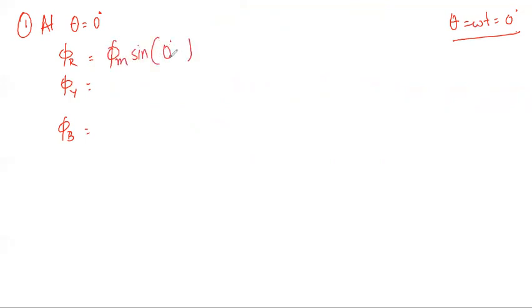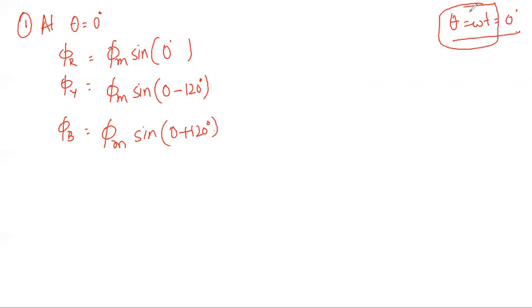I can write it to be 0. Next, phi y is phi m sine of 0 minus 120 degree. So I have phi b, that is equal to phi m sine of 0 plus 120 degrees. So omega t is theta there. So when it is being substituted by 0 degrees, what are the values of the instantaneous fluxes produced in all the 3 phases, and what is phi t?